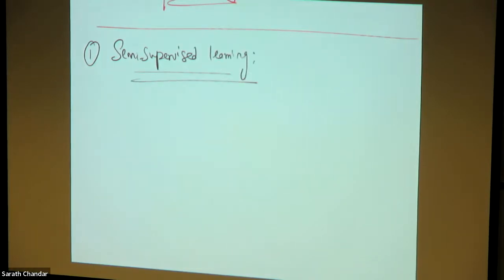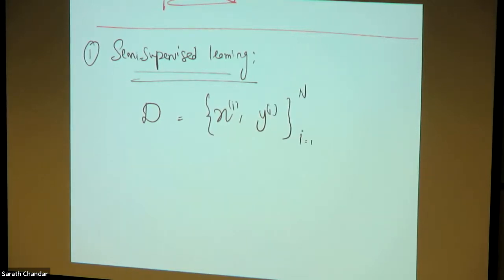Now in supervised learning, we were given a data set, let's say D, which had a bunch of xi and yi, for i equal to 1 to capital M, and we were learning a function f from x to y.